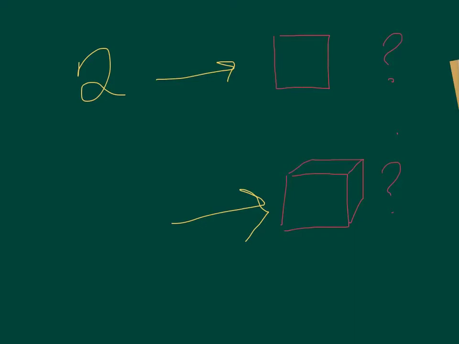It has flat opposite bases from each other. This is parallel to this one. And this is the same size as the one on the bottom. And it's 3D. That one was 2D.